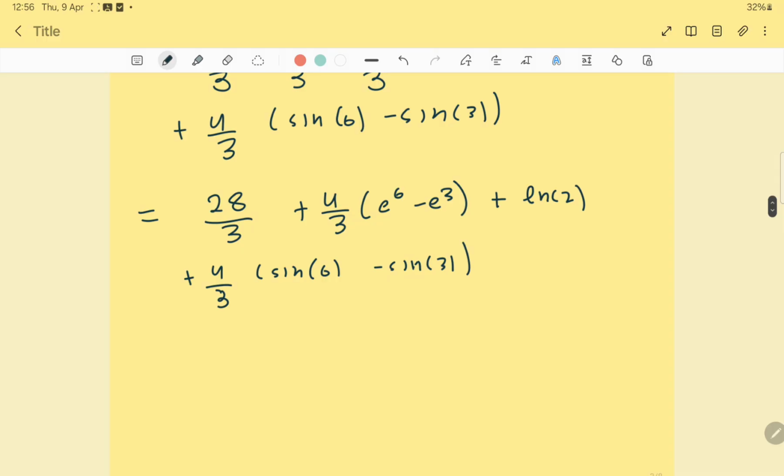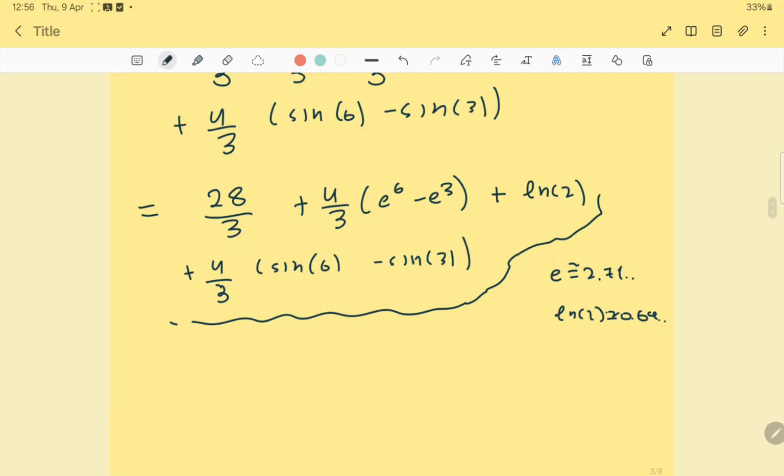You don't need to put the decimal here because e is 2.71 and has a lot of infinite decimals, and ln 2 is also 0.69 and so on, so you just leave it as a final answer.